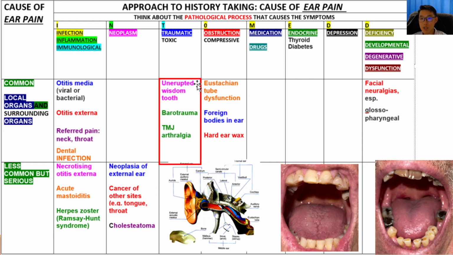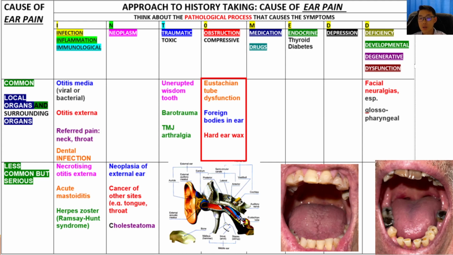Common traumatic causes include unerupted wisdom tooth, barotrauma from deep sea diving, temporomandibular joint arthralgia from biting too strongly or forcefully, or from an external force such as a punch. Obstructive causes include eustachian tube dysfunction, which is the inflammation and obstruction of this tube here.